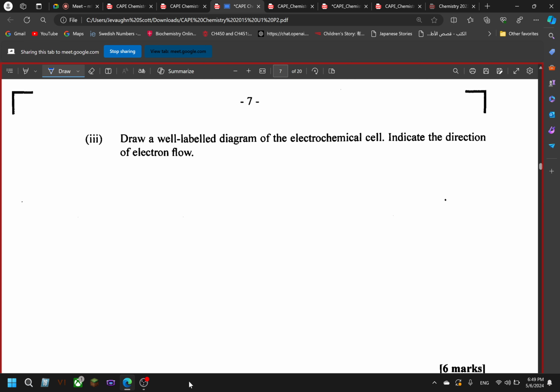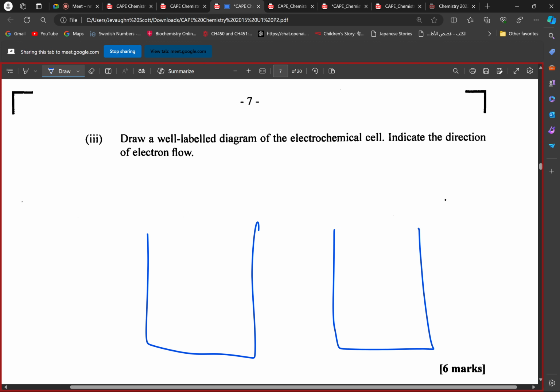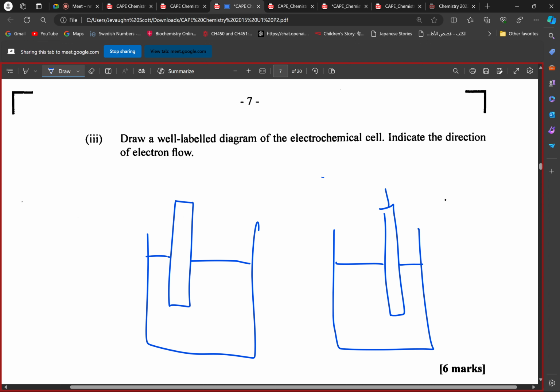All right, so let's have a go at this now. We're going to have 2 half cells, aluminium in a high resistance voltmeter, and we're going to have our salt bridge.